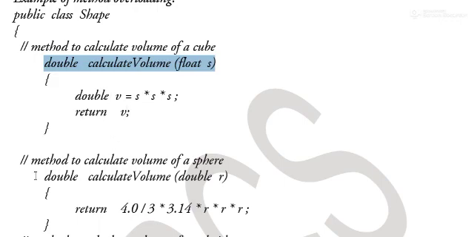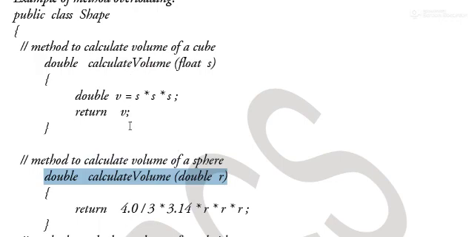The next method is also declared as double calculateVolume(double R). Here the names of both methods are the same, but the parameter is different. It is float here and double here, and it calculates the volume of a sphere and returns it.